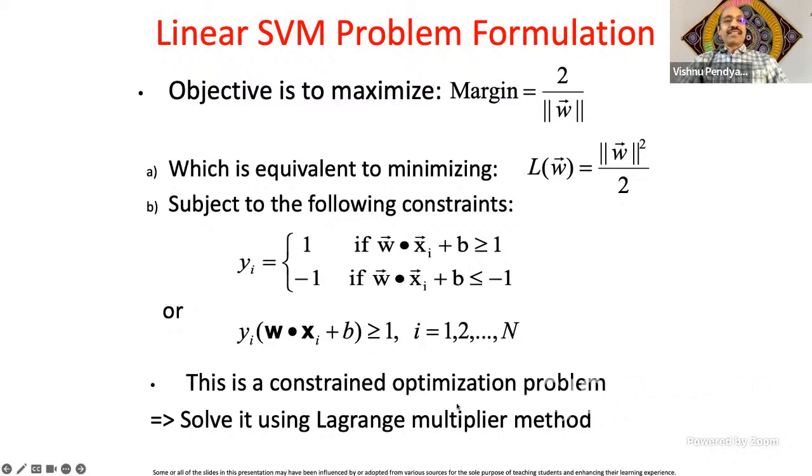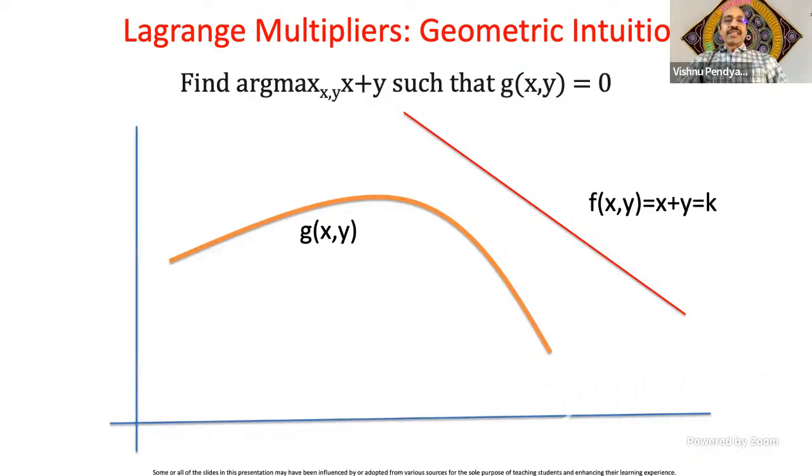So this is a constrained optimization problem. Therefore, we need to use Lagrange multipliers to solve the optimization problem. So what is the Lagrange multiplier method? The geometric intuition is given in this figure.